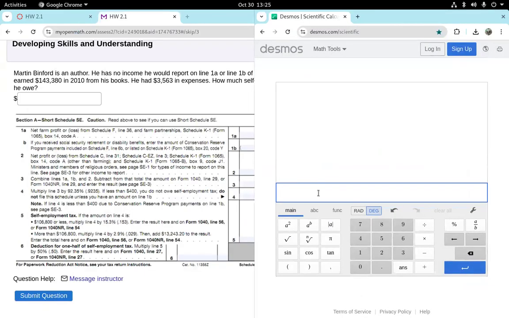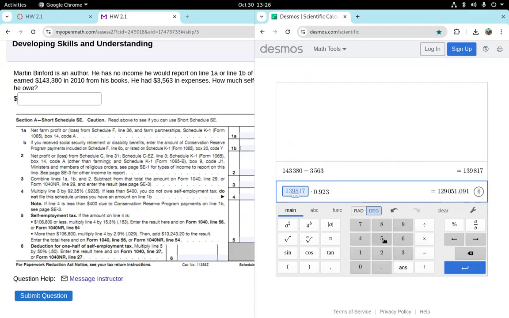So he had $143,380 in income minus his expenses, $3,563. All right, so that's our amount for line 2 and 3. And then we wanted to multiply that answer by 92.35%, which as a decimal is 0.9235.